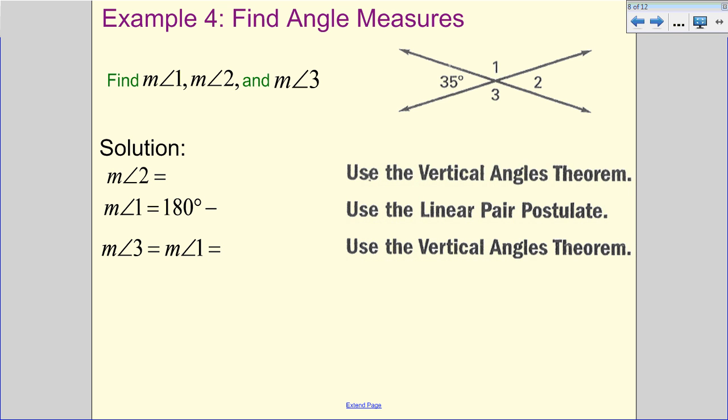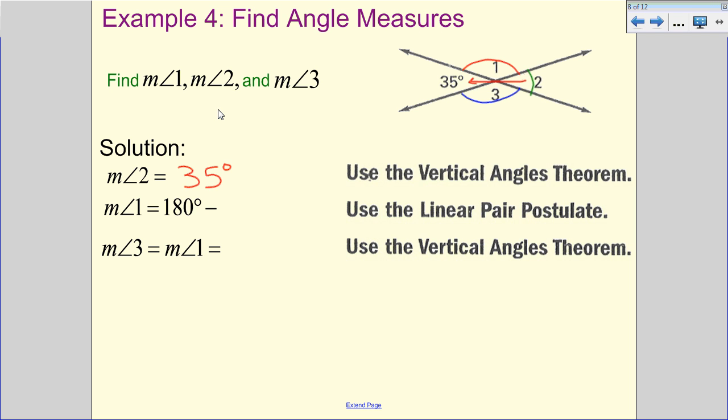All right, so I'm trying to find the measure of angle 1. I want to find the measure of angle 2, and I want to find the measure of angle 3. So here's what I know. I know that angle 2 equals the measure of 35 degrees. It's equal to this angle right here. These two have the same measurement. So 35, the vertical angle to it is angle 2, so it's 35.